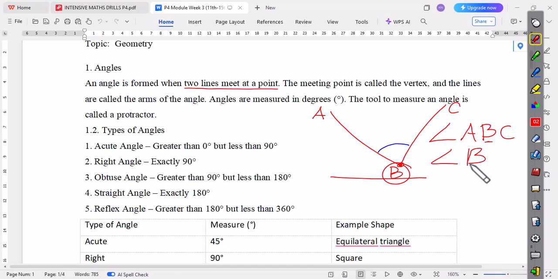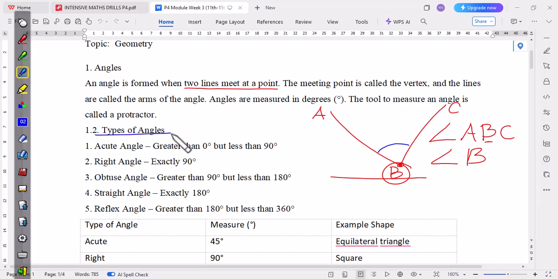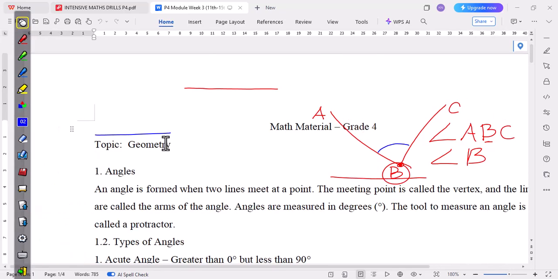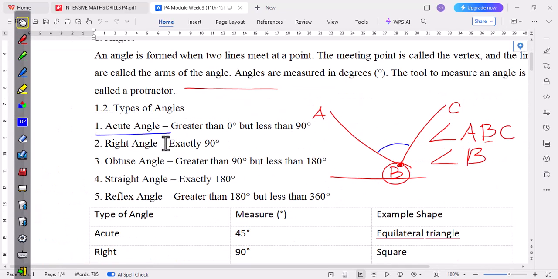Now we will learn about types of angles. So here we have acute angle. Acute angle is a kind of angle that is greater than zero but less than 90 degrees.